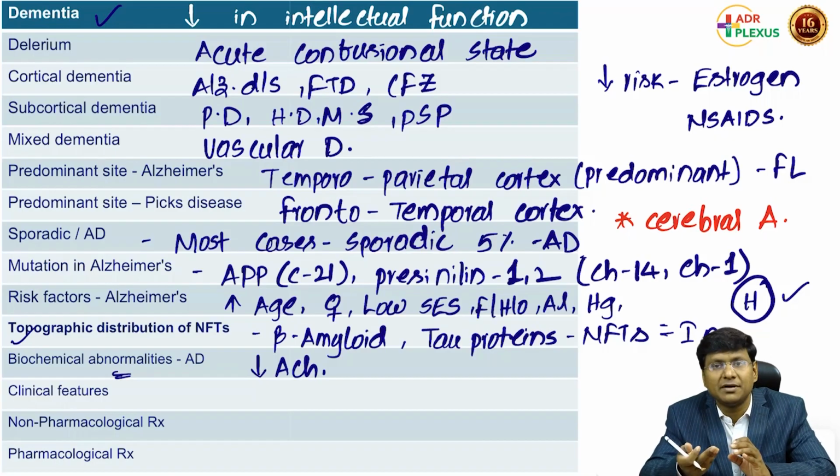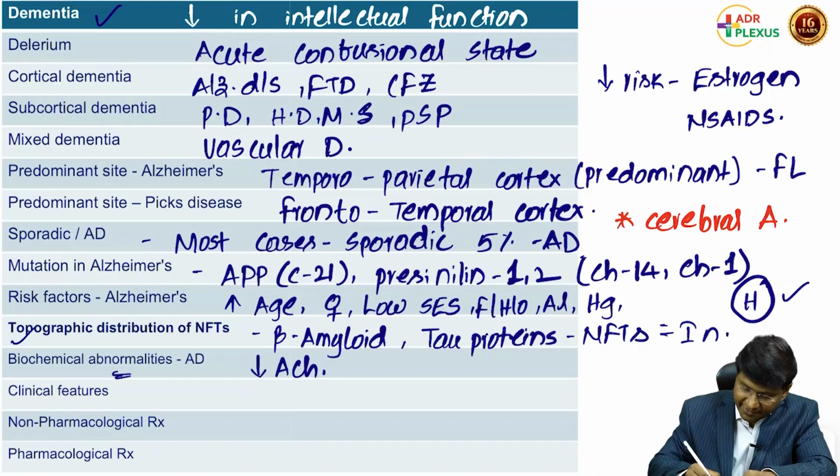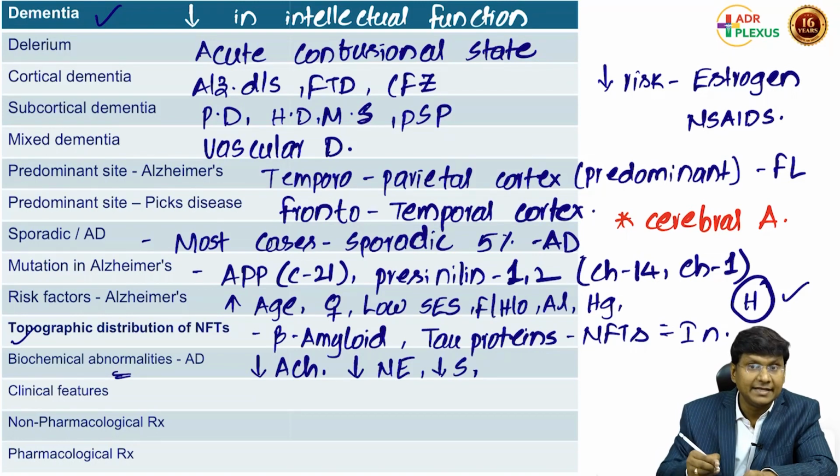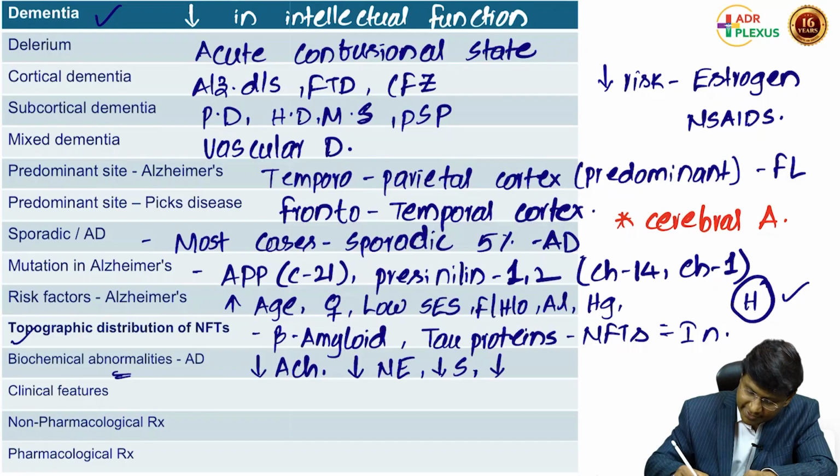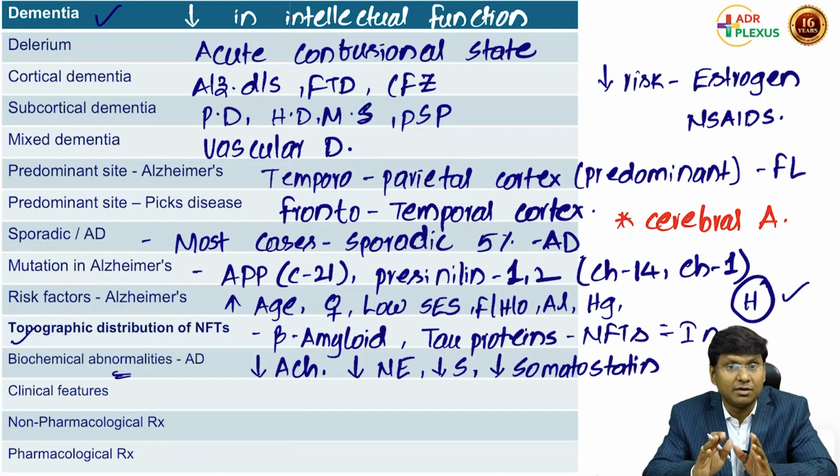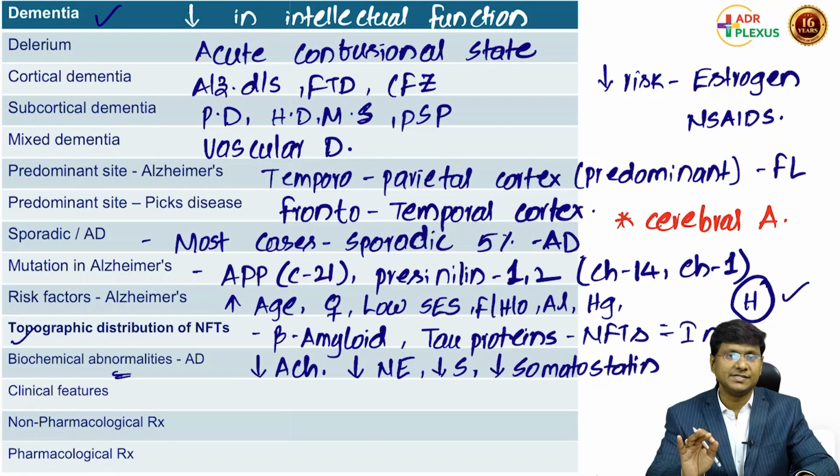The other biochemical abnormalities are decrease in norepinephrine, decrease in serotonin, and decrease in somatostatin. So these are the biochemical abnormalities of Alzheimer's disease.